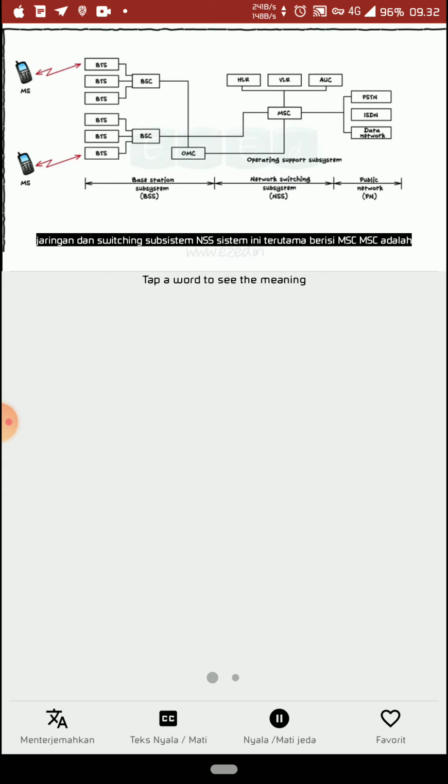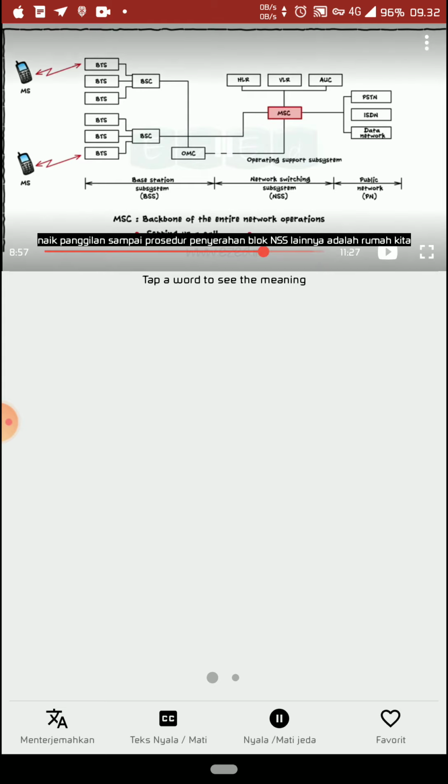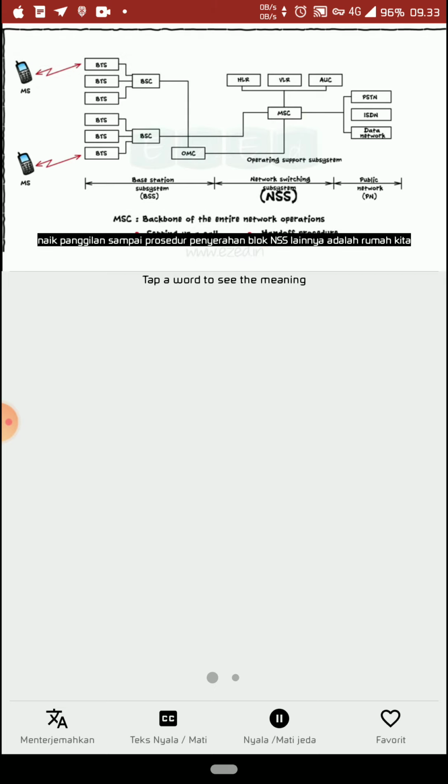Network and switching subsystem, NSS. This system mainly contains MSC. MSC is the backbone of the entire network. It controls all the operations from setting up a call till the handoff procedure. Other blocks of NSS are HLR, home location register, which keeps the database of all the users who reside in the same geographical area.